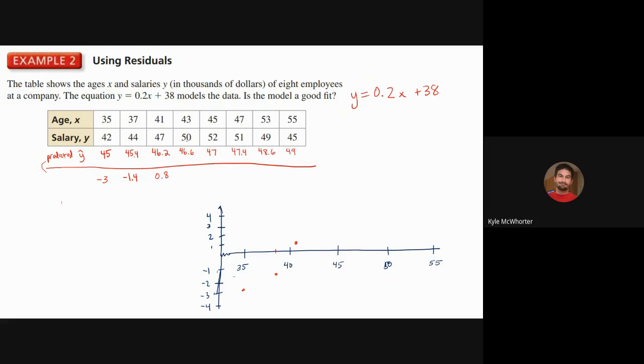When x is 43, the residual is 50 minus 46.6, so that's going to be 3.4. That was when x was 43, which is about here, and then the y, 3.4. So up here a little bit.